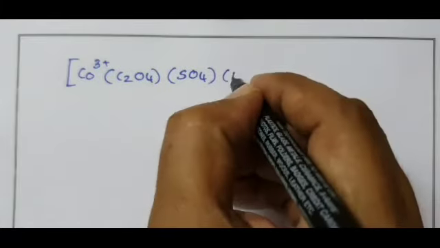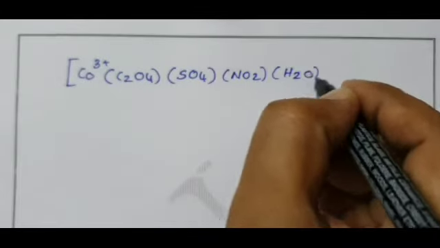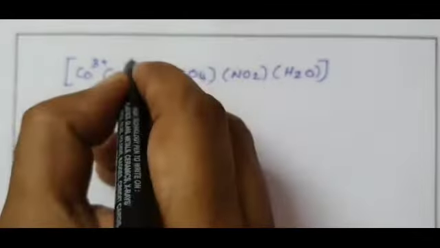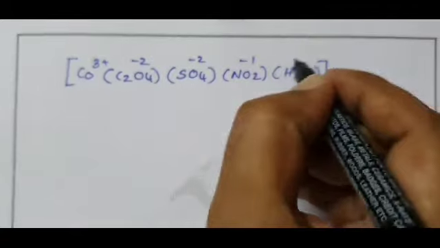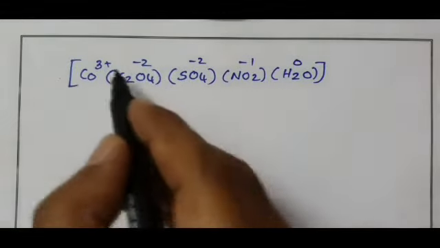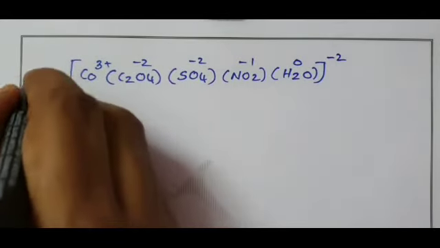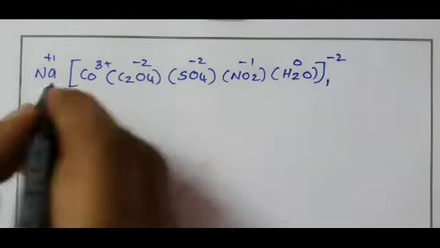Then 5th bond NO2, 6th bond any aqua ligand, these two are monodentate, these two are bidentate. 1 oxalato 2 minus, sulfato 2 minus, nitrito minus 1, aqua neutral ligand 0. Add these, you will get 2 minus on the complex, neutralized by adding Na, monopositive. This 1 is here, that 2 is here.